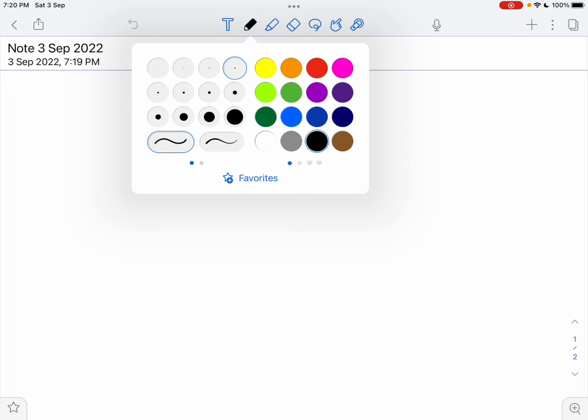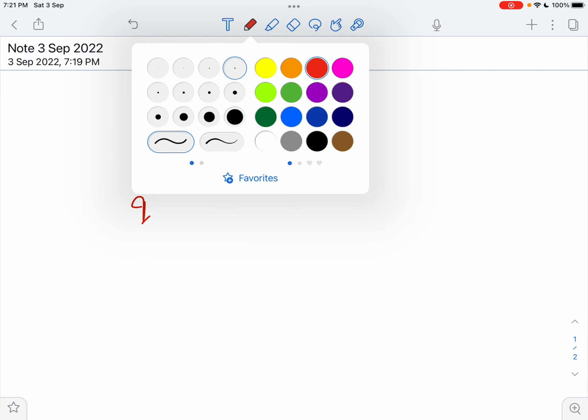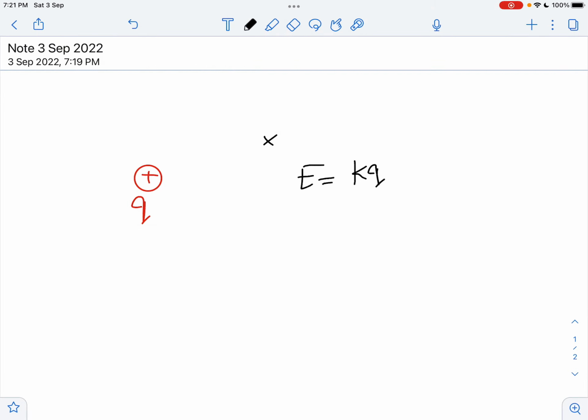So a point charge, let's say a positive point charge, creates an electric field E at some point, let's say at this point. The value of this electric field is E equals K Q over R squared, where Q is the charge and R is the distance between the charge and that point.